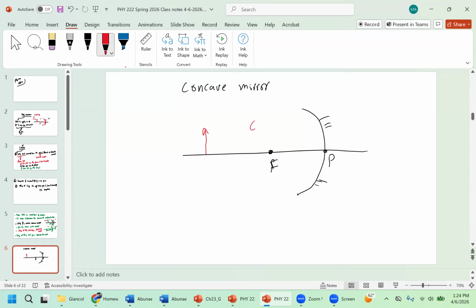This object is 6 centimeters from here to here. Technically, it would be from here to here. Okay. Now here's my question. Where will the image be?